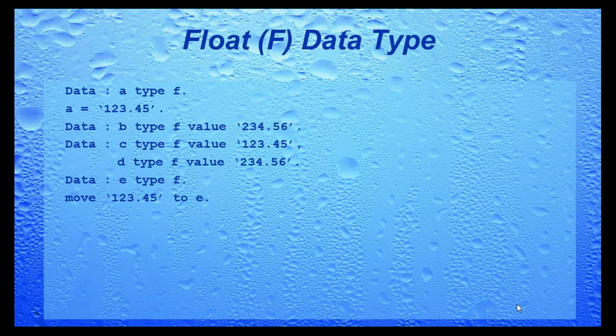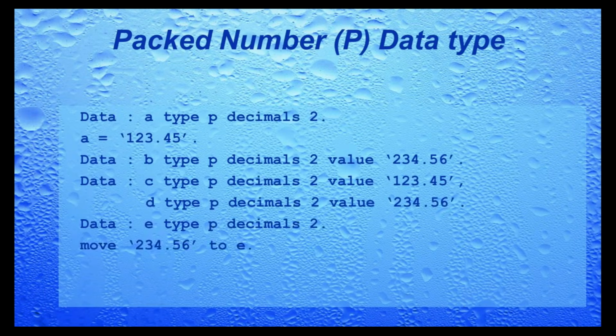Meghna is asking whether A of 5 is the same as A. No, A of 5 is not the same as A, because A has a length of 1, but A of 5 has a length of 5. The length of the field is defined by A. So here I come back to the first one.